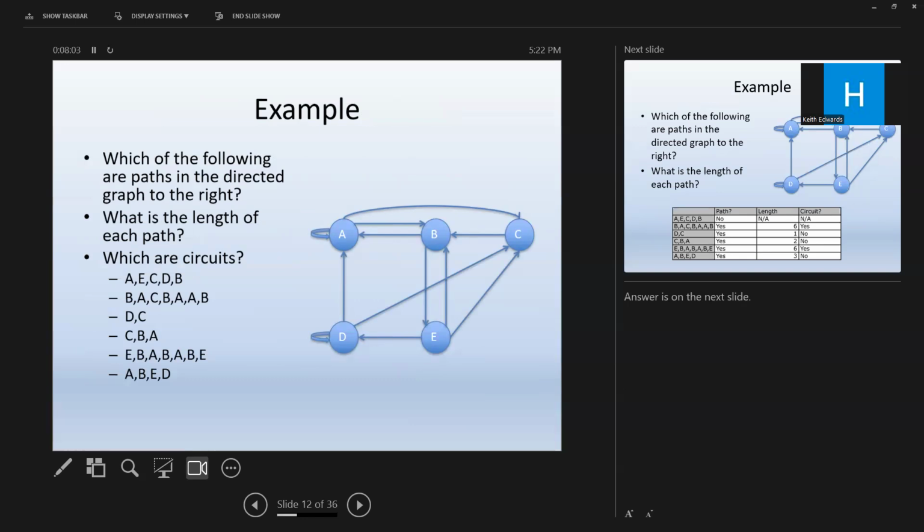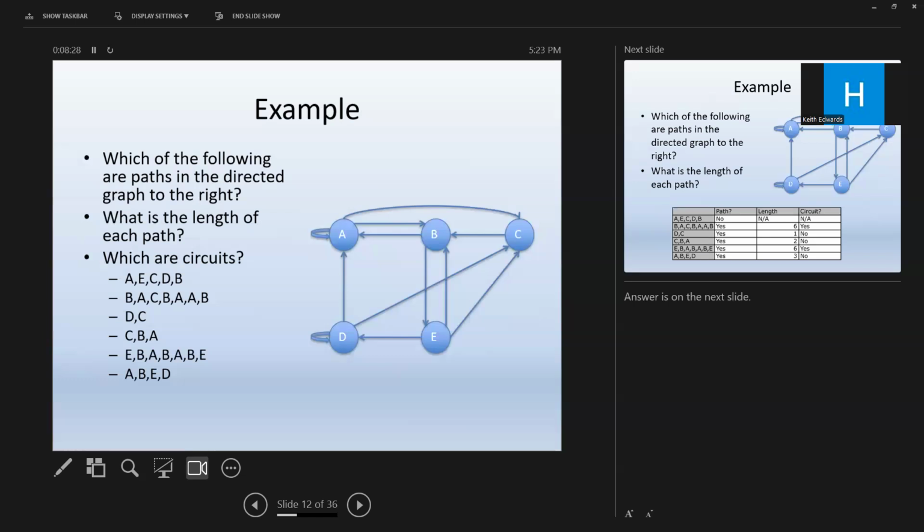Here we have 5 different nodes. Which of these are paths? What are the lengths of those paths, and which ones are circuits? If we take a look at the first one, we attempt to go from A to E, but there's no arrow going from A to E, so that's not a path. The next one, we can go from B to A, yes.